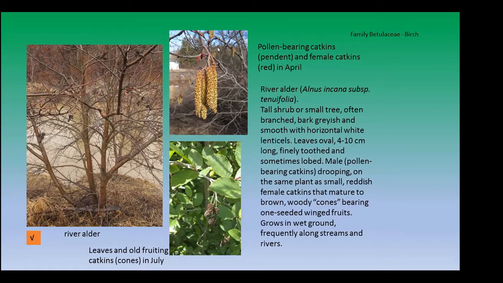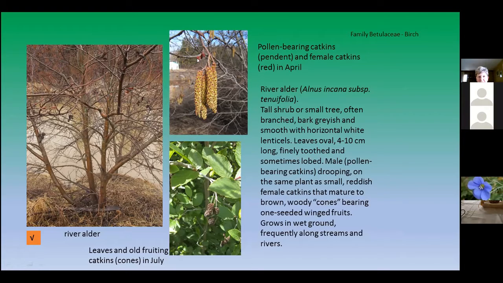These are the male catkins, drooping male catkins, with tiny clusters of tiny flowers, and the female flower is also a very reduced catkin, which will become a brown cone. That's probably the easiest way to recognize an alder, which is also a very spreading small shrub or small tree, by the presence of these woody cones, not strictly cones, but woody fruiting bodies that stay on the tree.